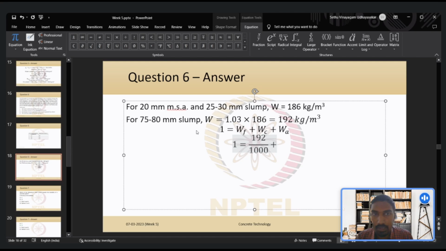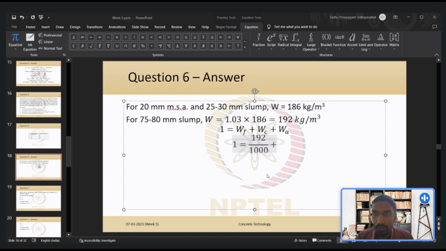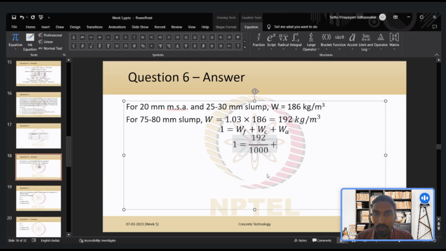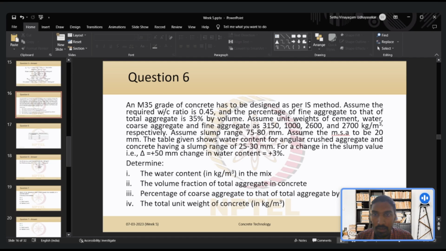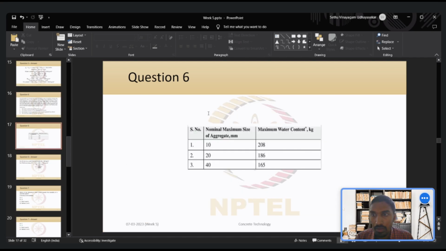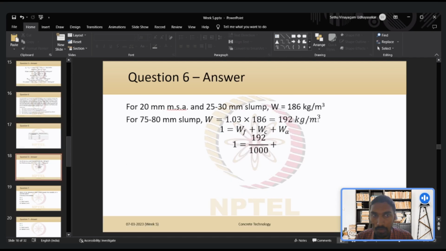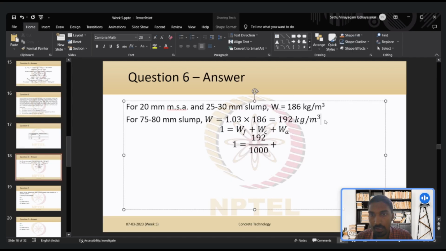And then for cement, we need to know what the cement content is also, right? So how do you find that out? We are given the water to cement ratio, which is 0.45, and we also know the water requirement, so based on that we can find the cement content.